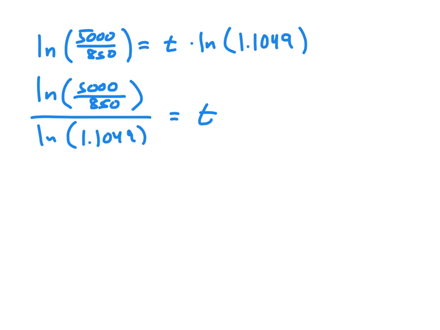And so this is our exact value for t. We can use a calculator here to approximate this value, and it looks to be about 17.76 years. So in this particular case, it will take almost 18 years for this fox population to reach 5,000 foxes.